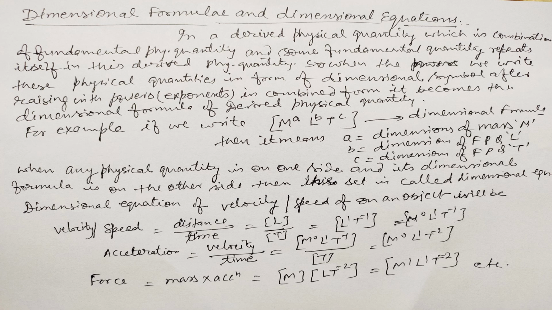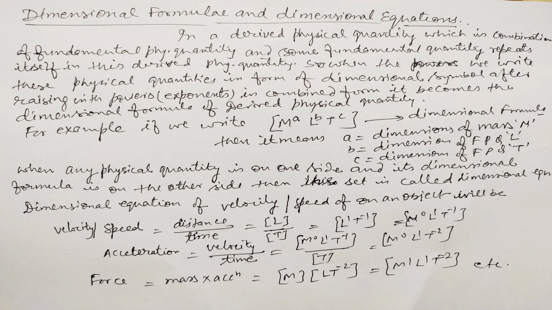Because L is here a single time, it is L1, and divided by T, T is minus 1, so LT minus 1, or we can say M0 L1 T minus 1. And if we write it in combined form in a bracket, then it becomes the dimensional equation for the derived physical quantity speed.